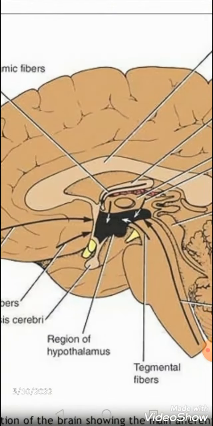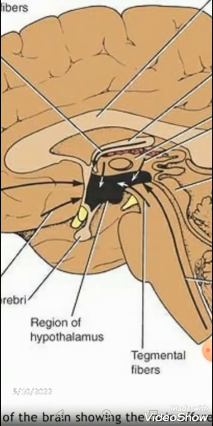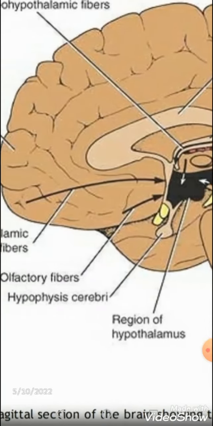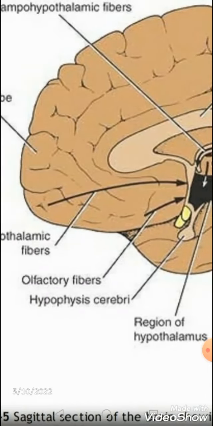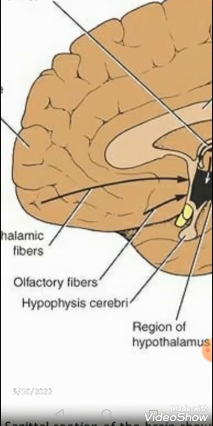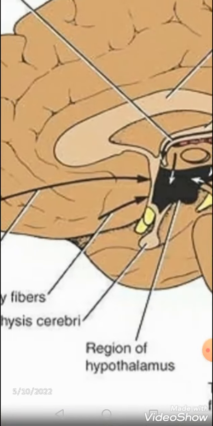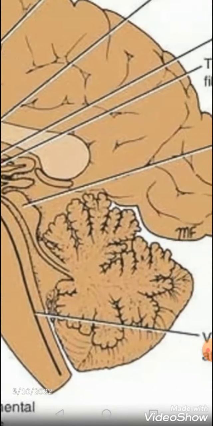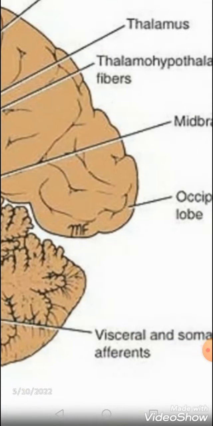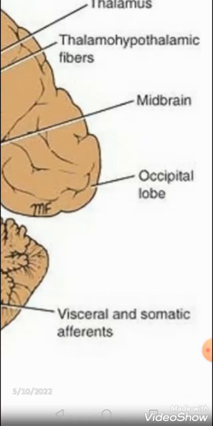What else do you see? You can see from below the tegmental fibers from the midbrain are also trying to enter into it. And if you observe anteriorly, the olfactory fibers concerned with smell are also trying to enter into your hypothalamus. And what else? Let me show you more posteriorly the various fibers from the thalamus.